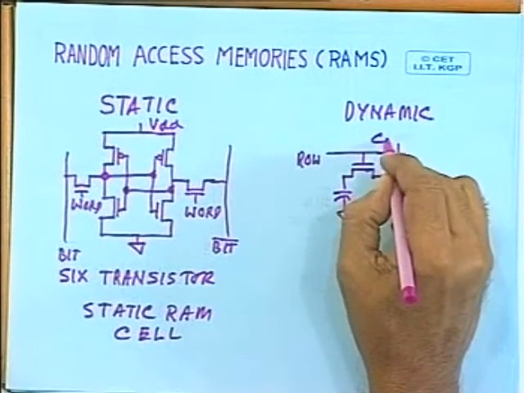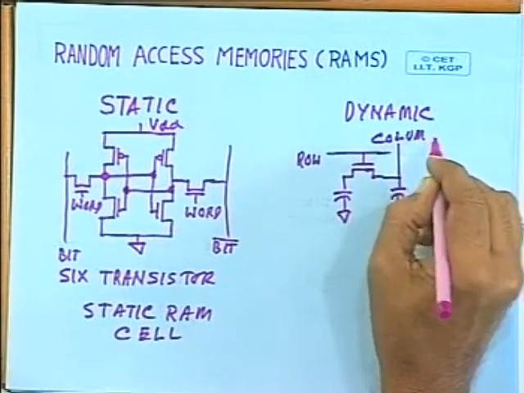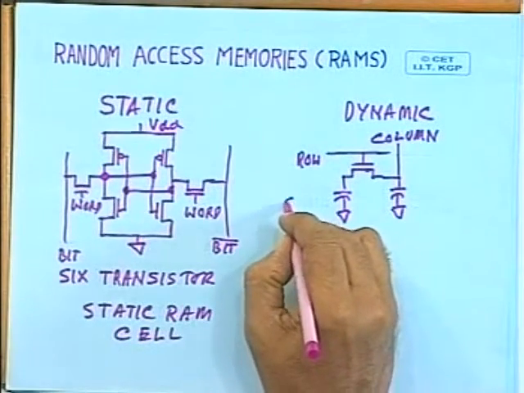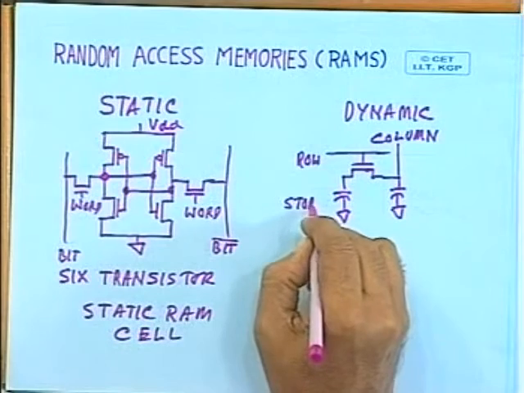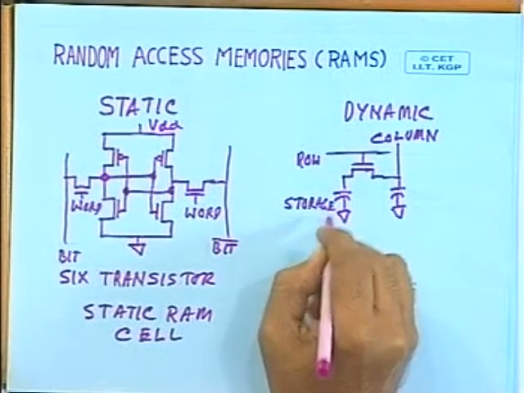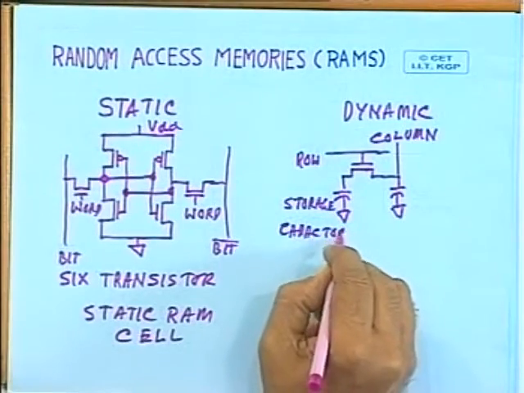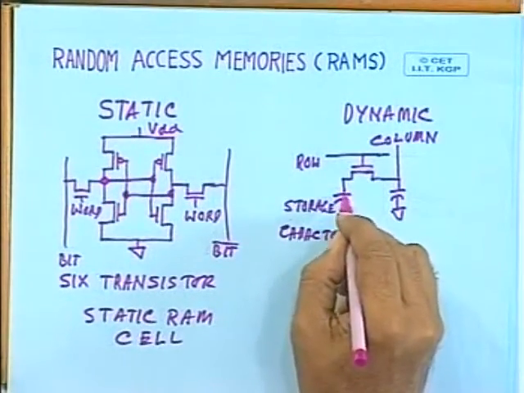You will see that memories will be organized in rows and columns. This is the storage capacitor where information is stored. That means in dynamic RAM, you are storing information 0 or 1 in capacitors.